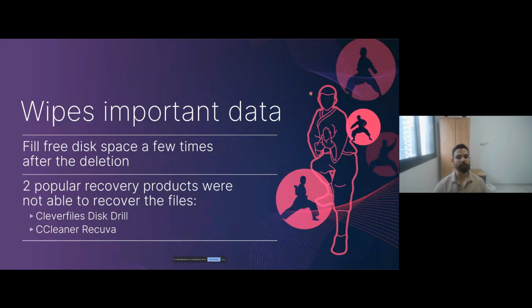I also verified with two popular tools that I found online, Clever Files Disk Drill and CCleaner Recuva, that they were able to recover certain files before I implemented this feature, but after I added this feature to the wiper, they were not able to recover any lost file.